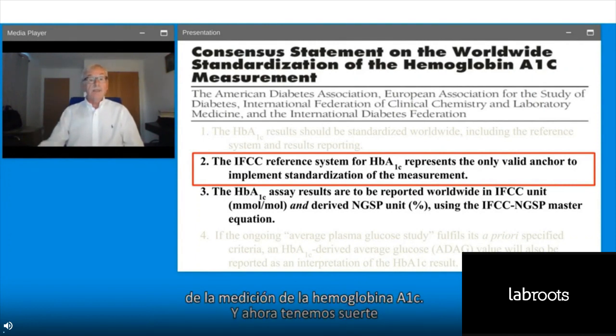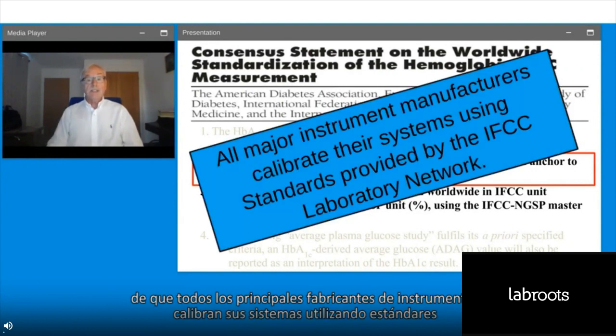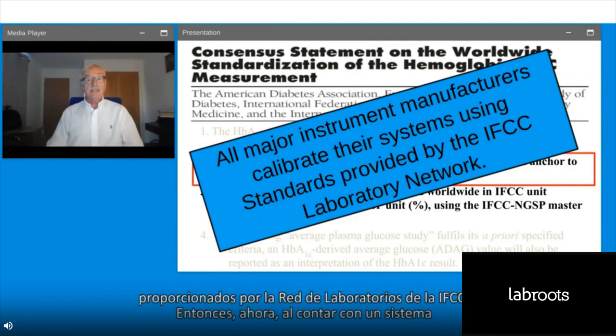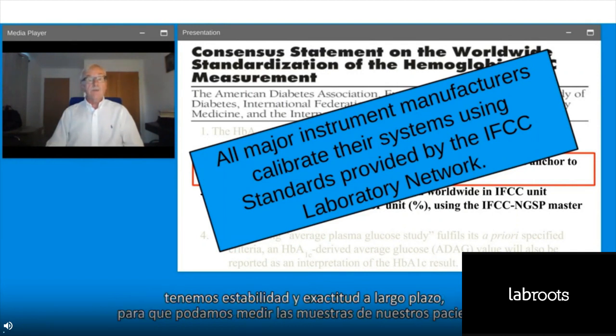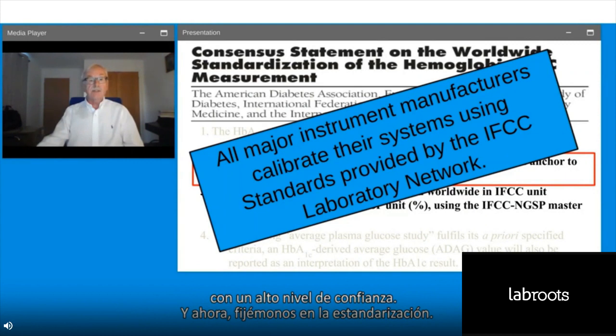And now we are lucky that all major instrument manufacturers calibrate their systems using standards provided by the IFCC laboratory network. So we now have a system whereby we've got long-term stability and accuracy, so we can measure our patient samples with a high level of confidence.